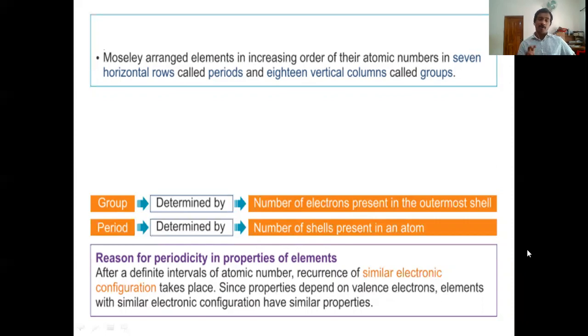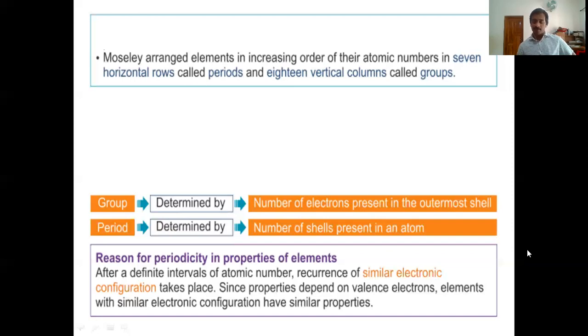What is the reason for periodicity in properties of elements? It is an important question. What is periodicity? After definite intervals of atomic number, a recurrence of similar electronic configuration takes place. So, the properties are also repeating. For example, sodium, outermost configuration is 3s1.